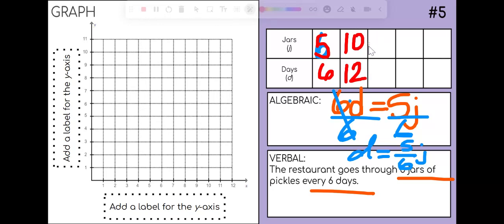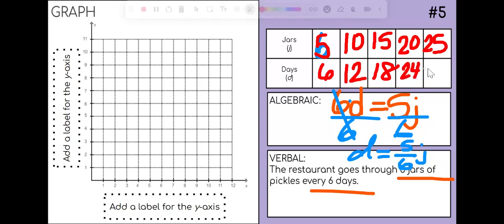Okay, what if I keep going? 5, 10, what about another set of 5? You can see that we're going to end up skip counting here. And the reason why skip counting works is because skip counting is multiples. You're multiplying. This is 5 times 2, times 3, times 4, times 5. So we're going to do 6 times 2, times 3. Another 5 jars is 18 days, times 4. 6 times 4.